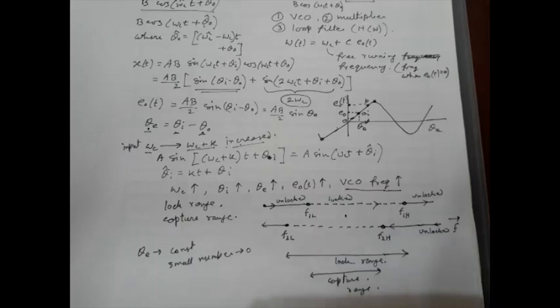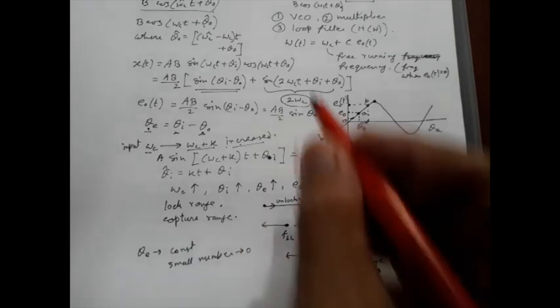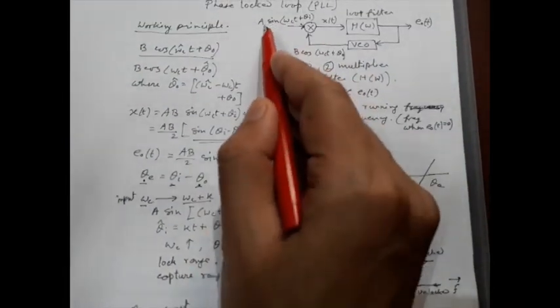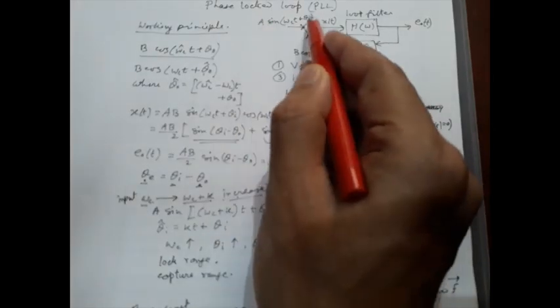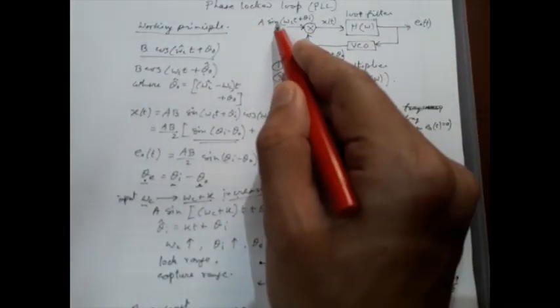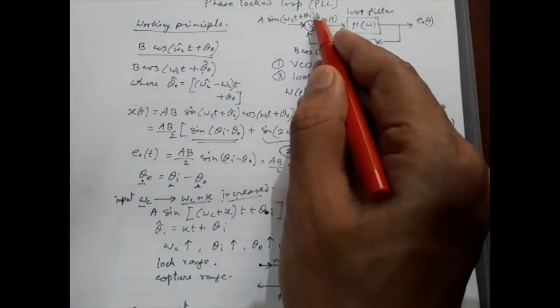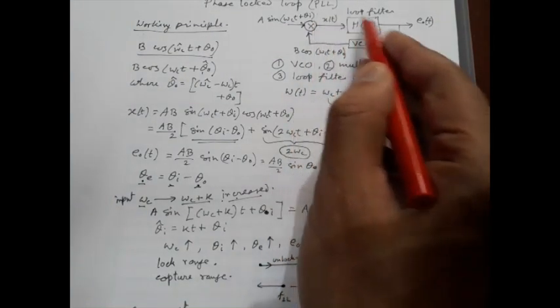Now if the input sinusoid is noisy in nature, the PLL will not only track the sinusoid but also clean it up. That means if this signal consists of certain noise along with it, then the PLL will track the signal and the added noise will not get tracked.